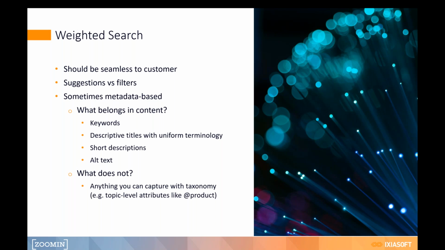So descriptive titles that really describe the content of the topic with uniform terminology. So that's using the same term for the same thing all the time, and also even doing things like making sure that every procedure is titled beginning with a verb. So configure the whatever, add a whatever, modify whatever, or you can do it with gerunds or whatever.